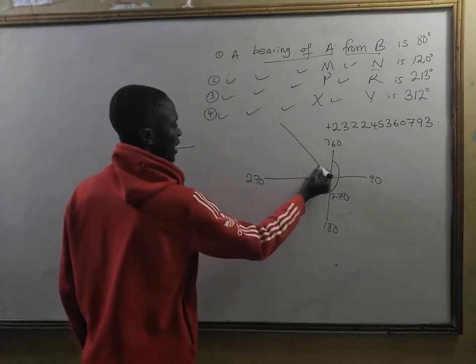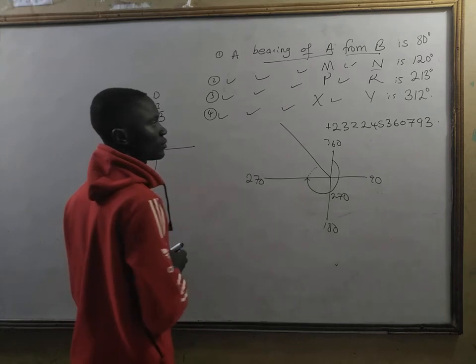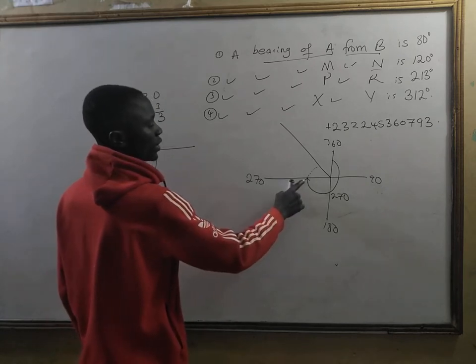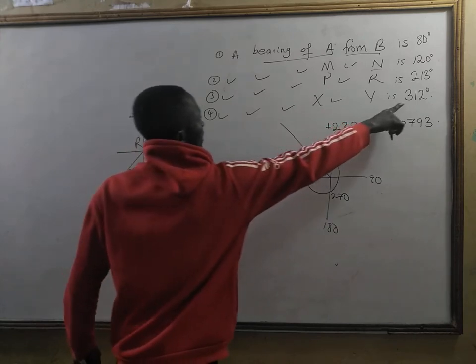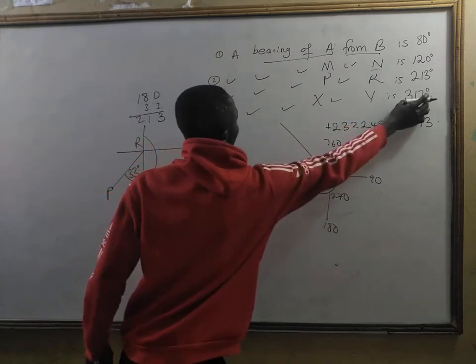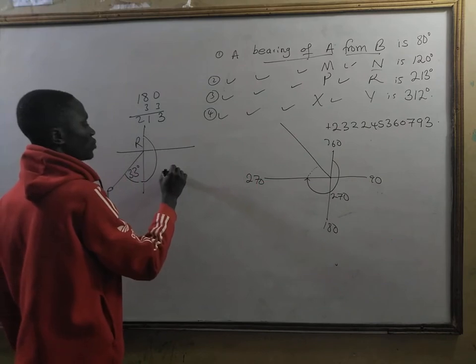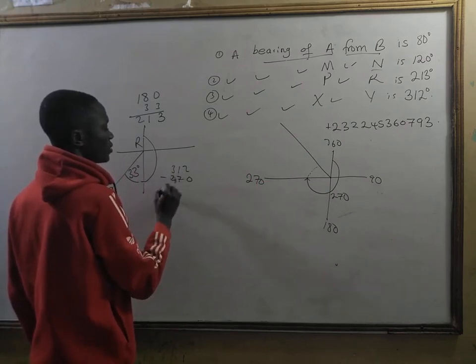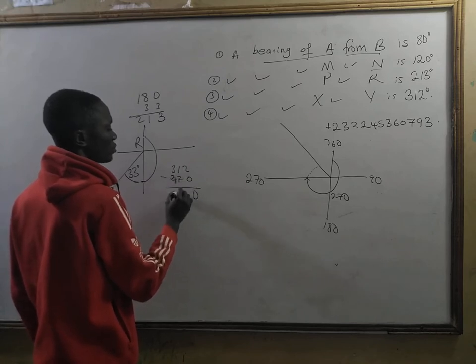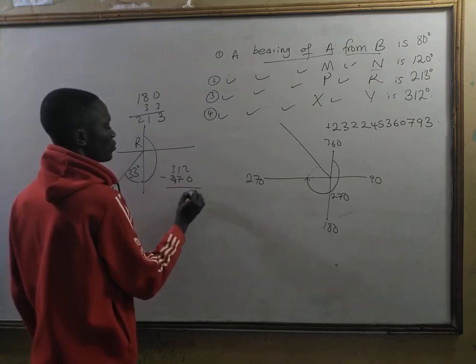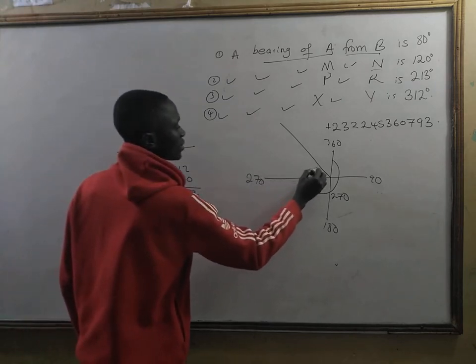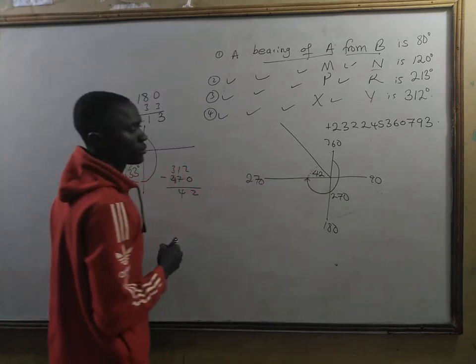So we need this angle. We want to look at that angle. So how do we find that angle? What will be added to 270 to give you 312? Just take 270 from 312. So 312 minus 270, you get 42. So this angle is 42.